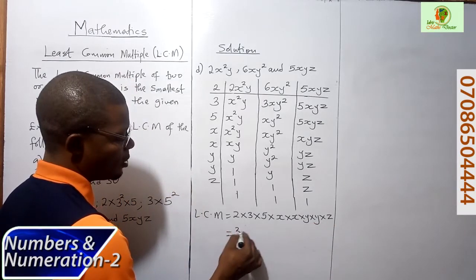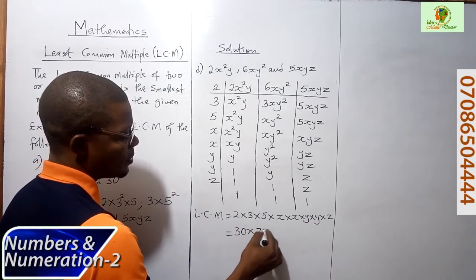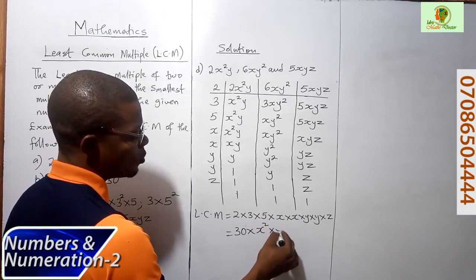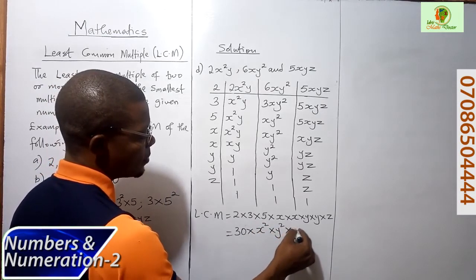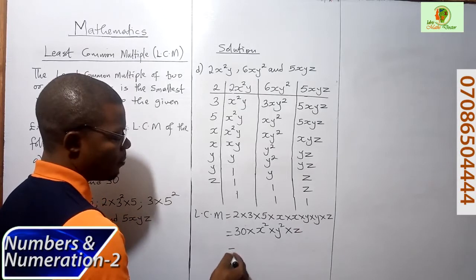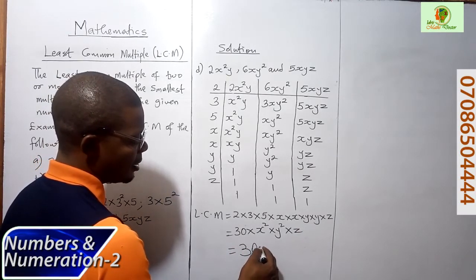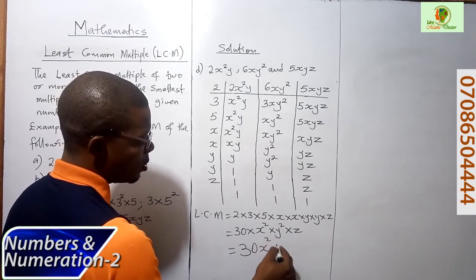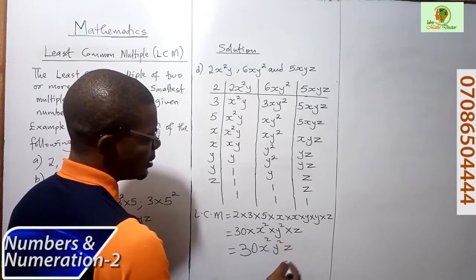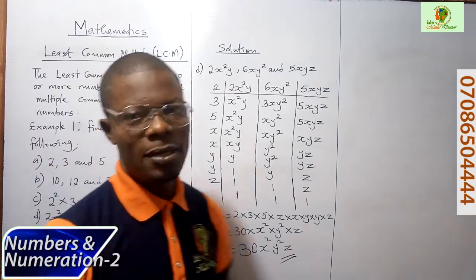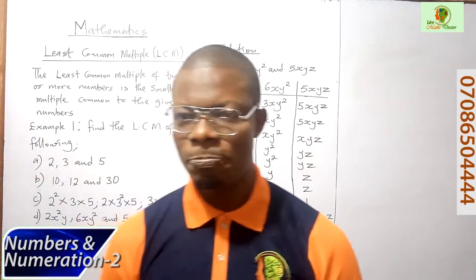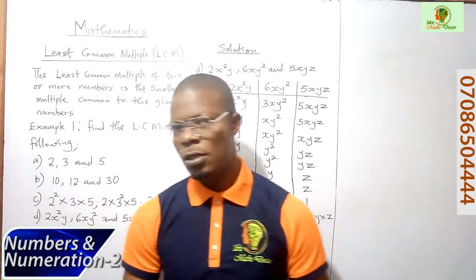We are going to have what? 30 times x squared times y squared times z. Multiplying this out, our answer is going to be 30x squared y squared z. Yes, that is the answer to the question.